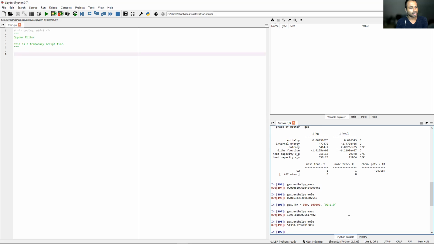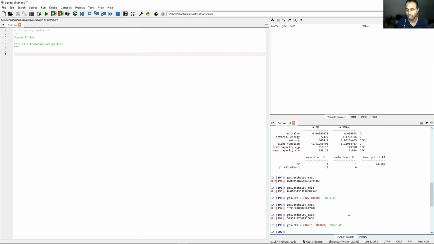Now let's do one thing. Let's initialize this to carbon dioxide at standard temperature and pressure. So we go here, instead of 300, we put 298.15 and convert O2 to carbon dioxide. Now the gas has been converted. The phase has 100% carbon dioxide.